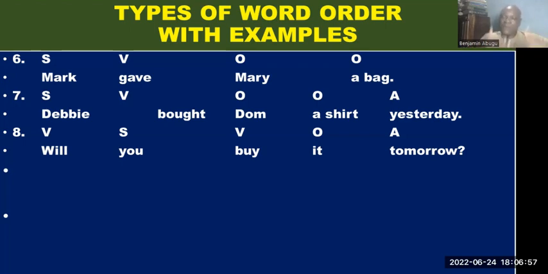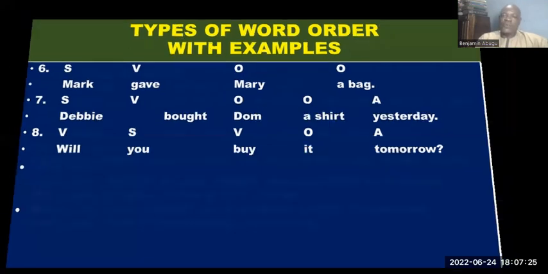The verb comes first in a sentence. Will you buy it tomorrow? Did you do the assignment yesterday? Any kind of question you ask, in most cases, we start with a verb. So that is the structure. Will is the verb, you, the subject, buy, the verb, it, the object, and tomorrow, the adjunct.